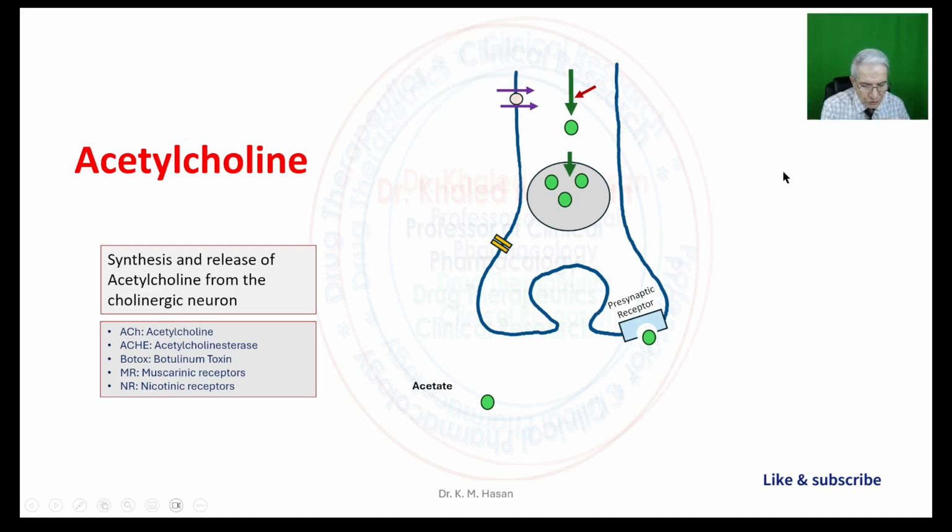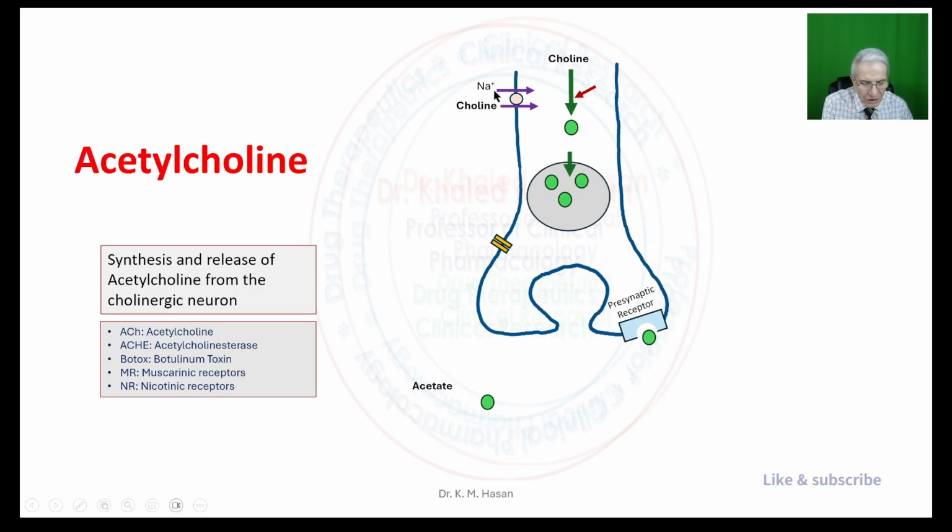In this slide, we need to understand and maybe memorize the synthesis and release of acetylcholine from the cholinergic neuron. This is a schematic chart for acetylcholine synthesis, uptake, and release. As you can see, this is a presynaptic neuron here. Acetylcholine synthesis starts from choline and sodium.